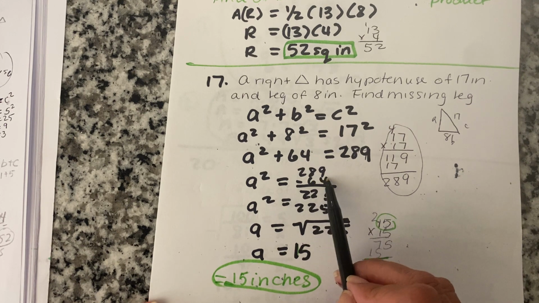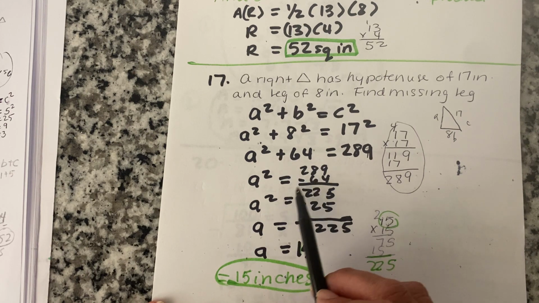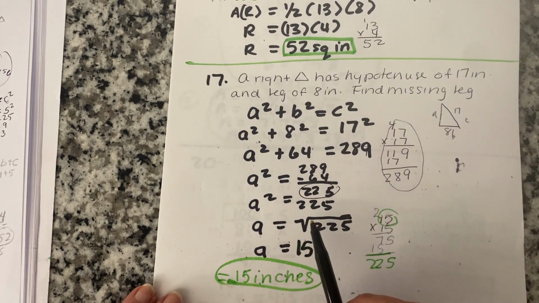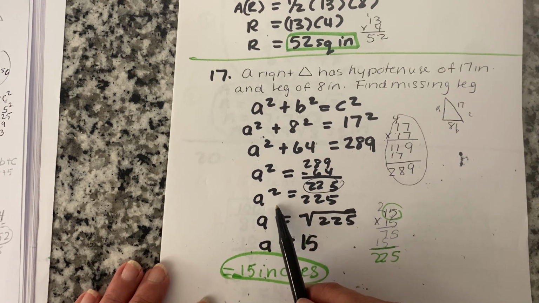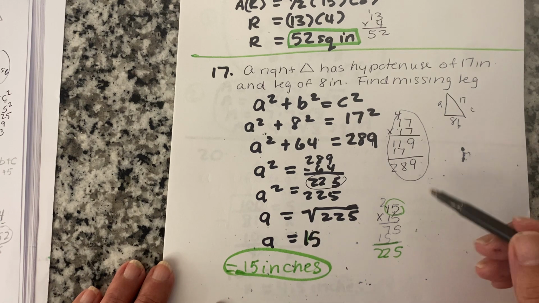Now I have to subtract the 64 from the 289. So I have a squared equals 225. We know 225 is going to be an easy one because it's a perfect square. So the square root of 225.